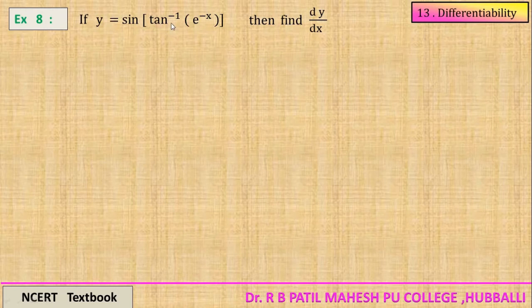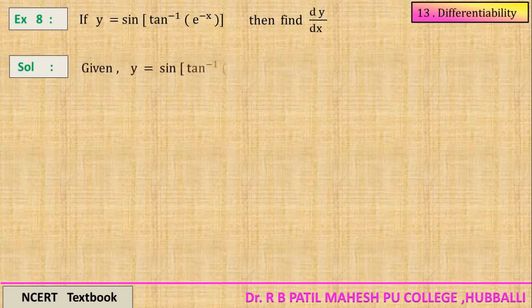Second one, tan inverse. And third one is e raised to minus x. This is also composite. So here we have four functions: sine, tan inverse, e raised to and minus x. One by one you differentiate the functions, and that becomes the derivative for the entire function.